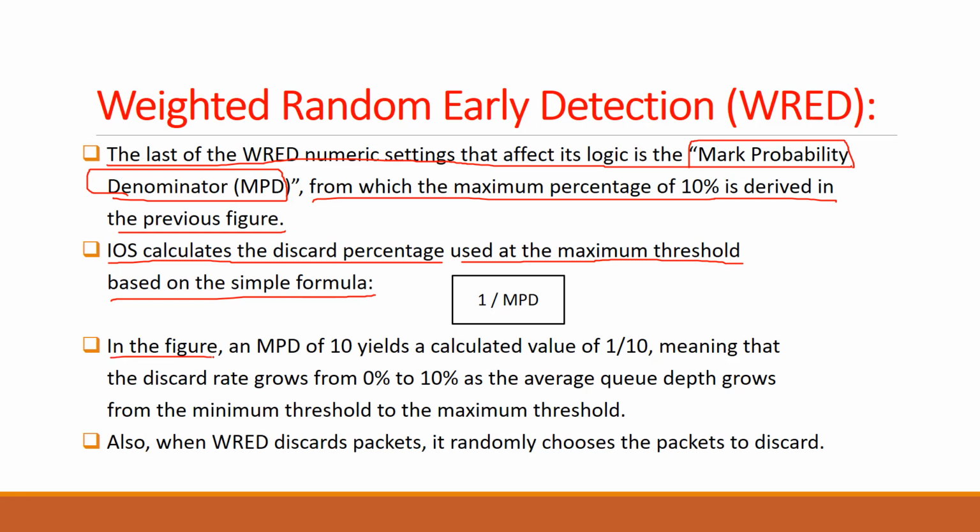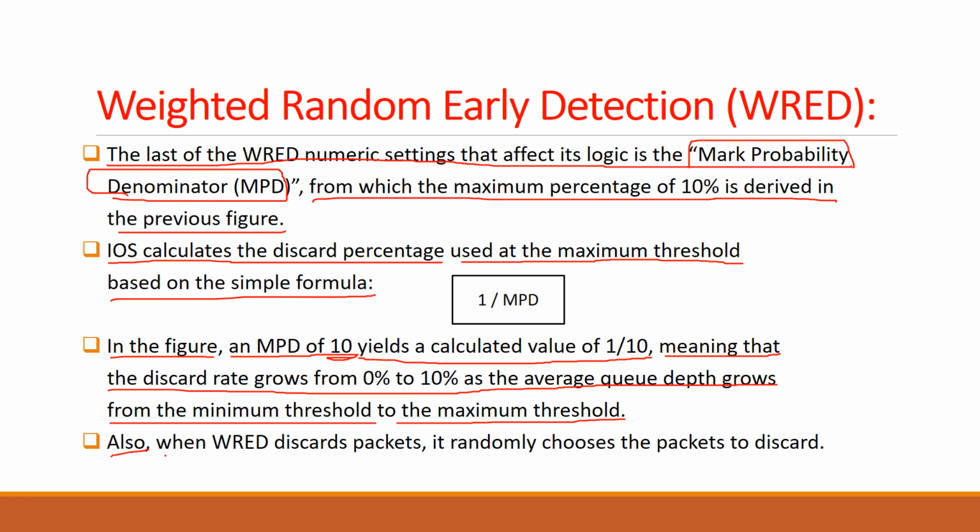In the figure, an MPD of 10 yields a calculated value of 1 over 10, meaning one packet will be dropped out of 10 incoming packets, meaning that the discard rate grows from 0 to 10% as the average queue depth grows from the minimum threshold to the maximum threshold.